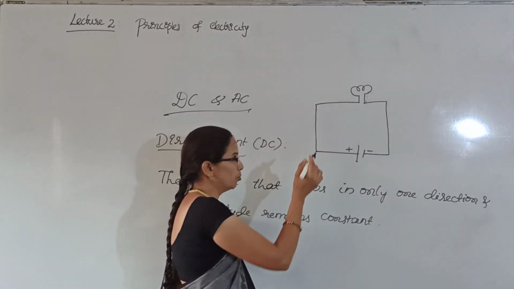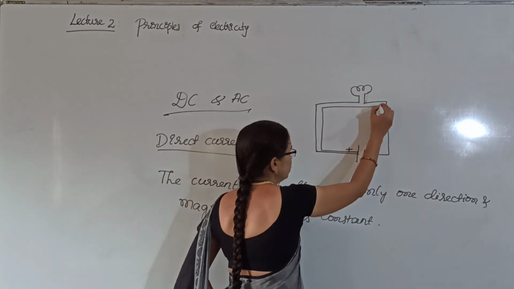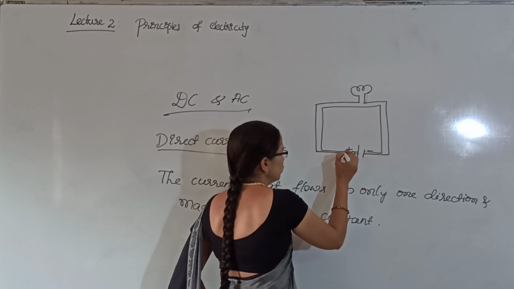If you connect a bulb over here, electrons will flow like this.